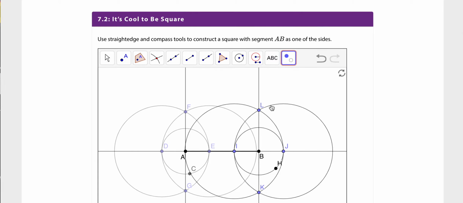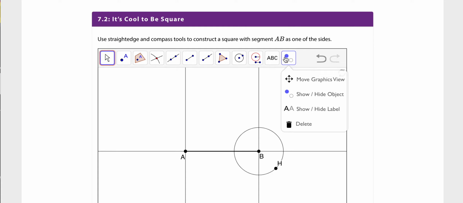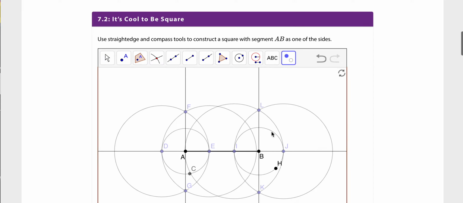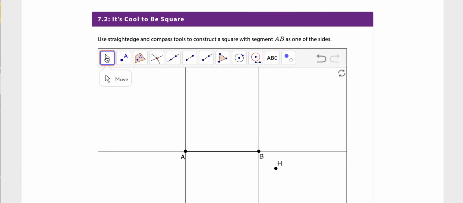You can see already that if I don't hide it, I've got a lot going on, but you can see those 2 separate perpendicular bisector constructions coming together here. So now I have one more thing to hide. Now I have line segment AB and these 2 perpendicular lines, one at point A and one at point B.